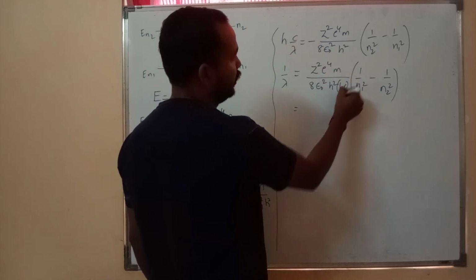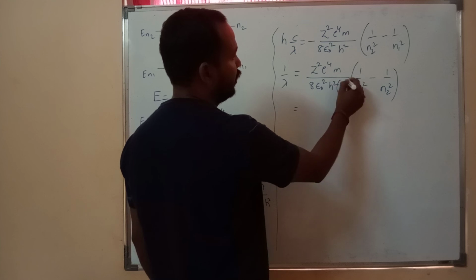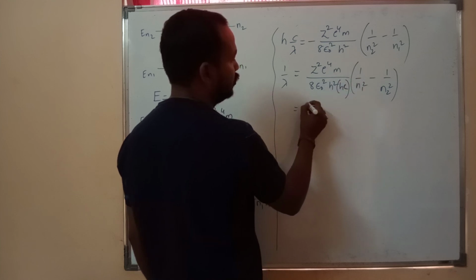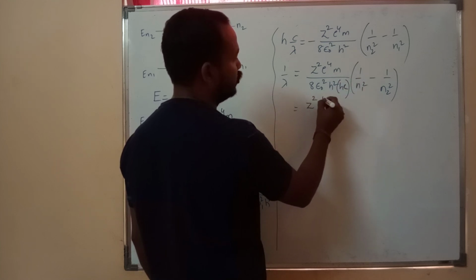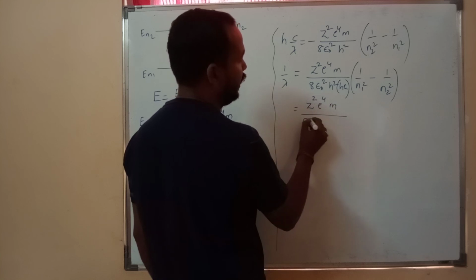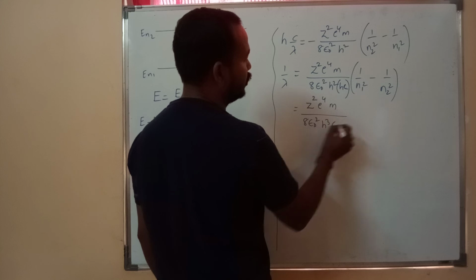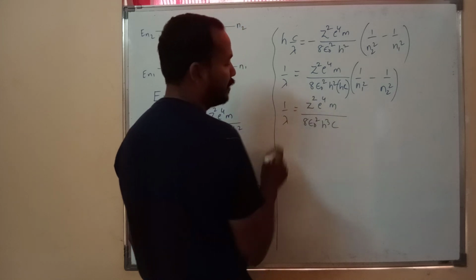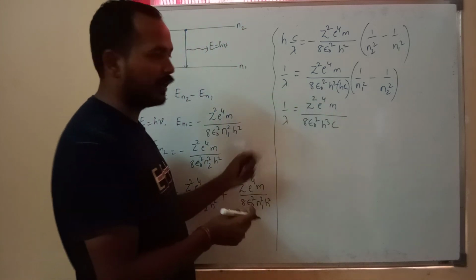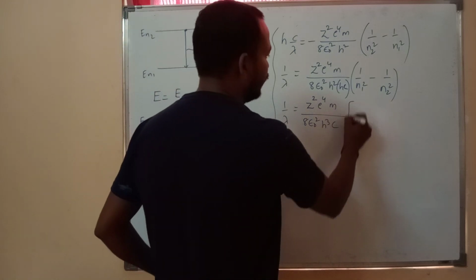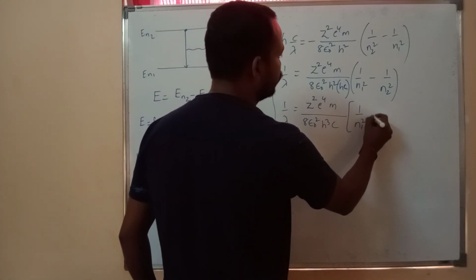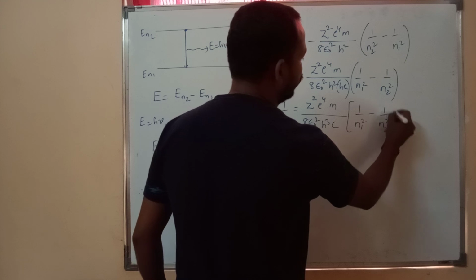Therefore h into c, where c is the speed of light. Correct? So the equation becomes Z square e raised to 4 m divided by 8 epsilon naught square h square into h cube into c. That is 1 by lambda. 1 by lambda is nothing but what? Wave number. Just we have given the definition. So here remaining is 1 by n1 square minus 1 by n2 square.